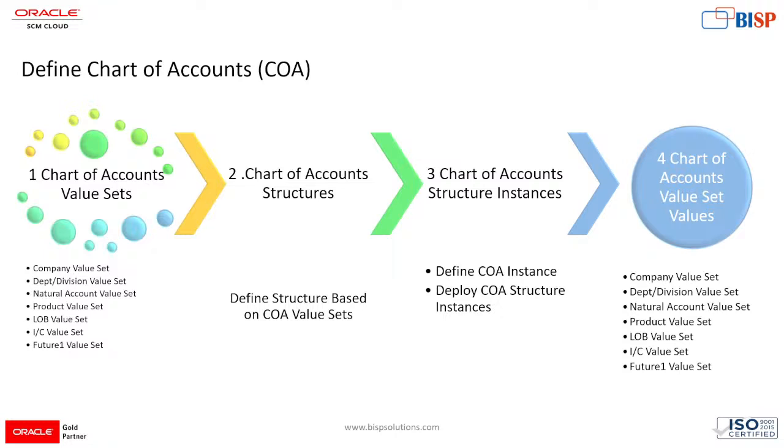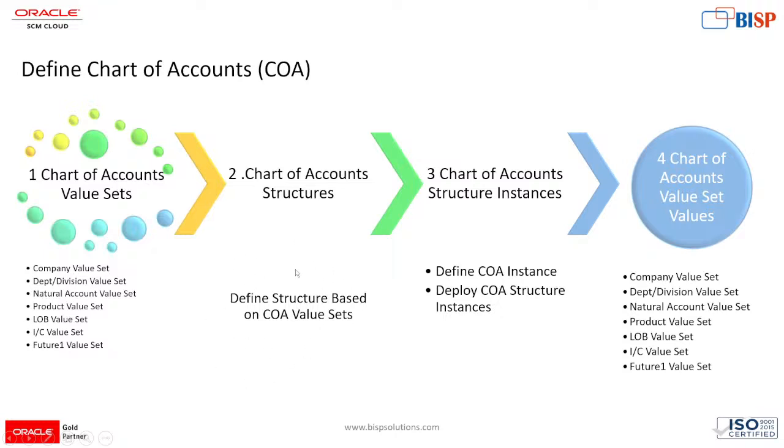So first we will create the chart of accounts value sets, that is the company value set, department or division value set, natural account value set, product value set, line of business value set, intercompany value set, and also a future one value set. These are the placeholders where you put the values, that is, the chart of accounts value set values.